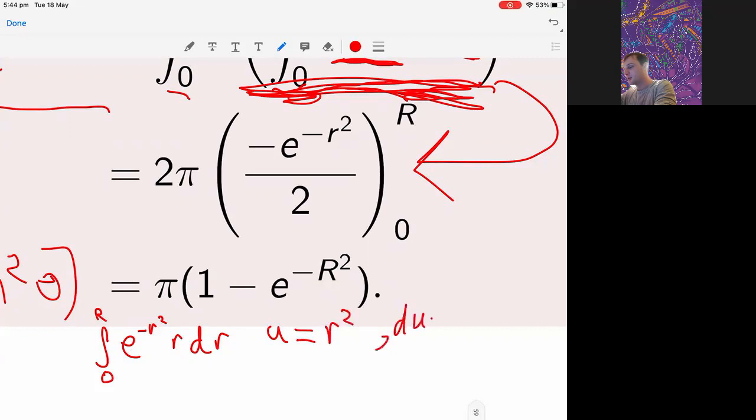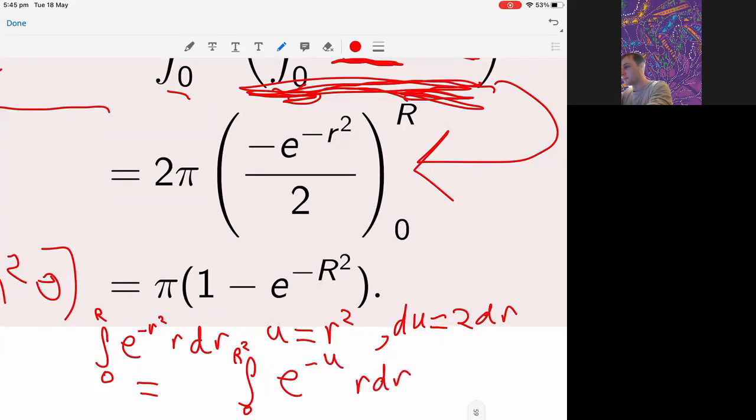So that's du equals 2r dr, so that this integral becomes the integral from 0 up to R squared of e to the minus u times half du.